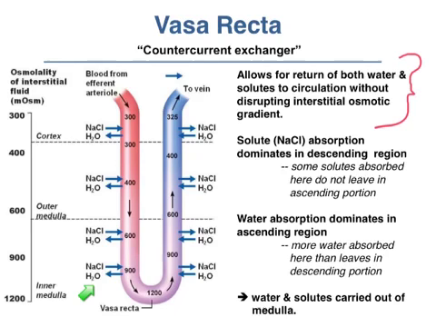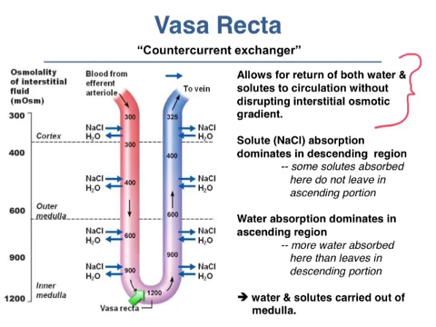Now, the Vasa Recta doesn't have the differences in permeability that the loop of Henle does. Both the descending region and the ascending region of the Vasa Recta are permeable to sodium chloride and water. But in the descending region, sodium chloride absorption dominates. So you get a lot of sodium chloride being reabsorbed as blood moves down through the Vasa Recta.